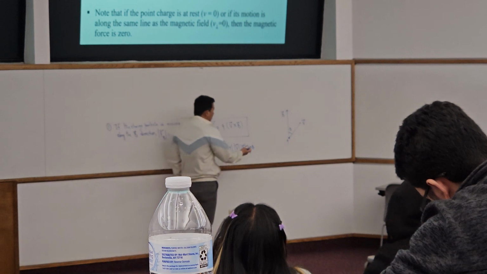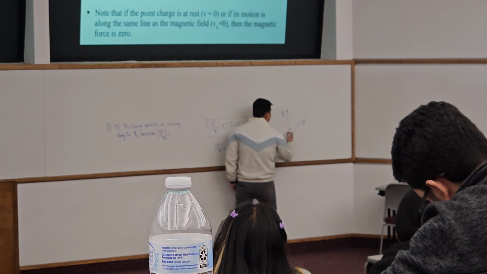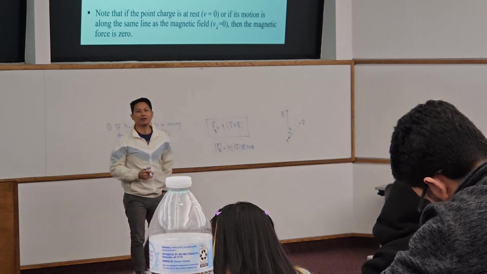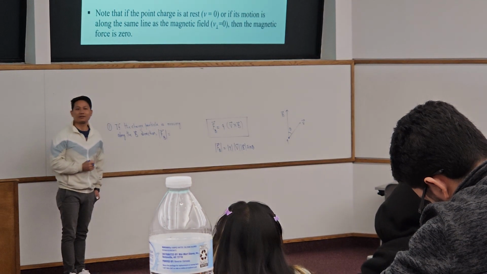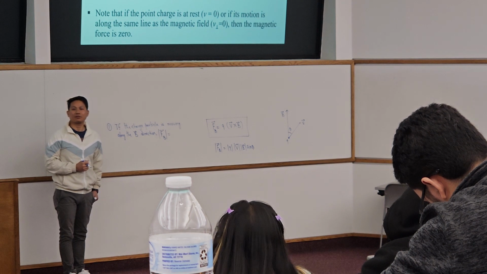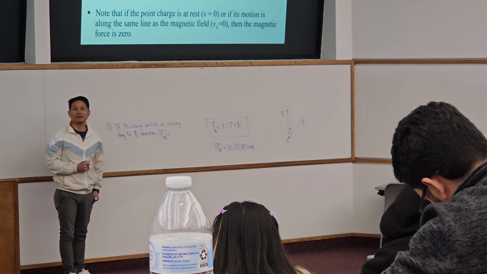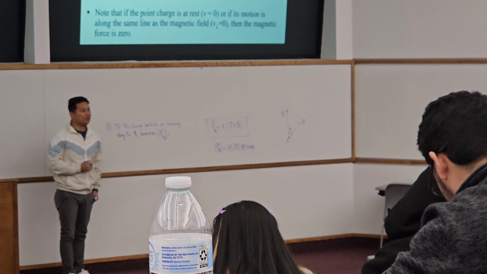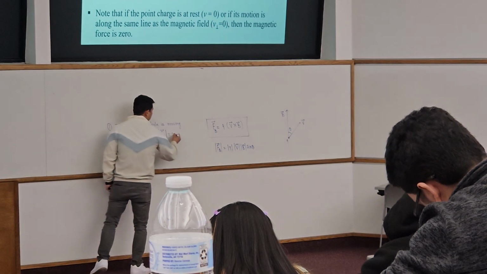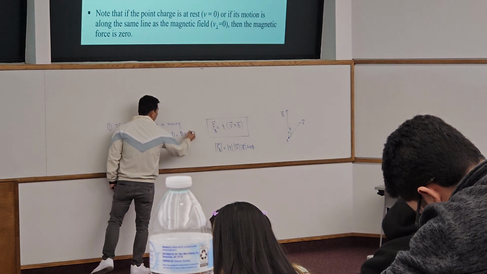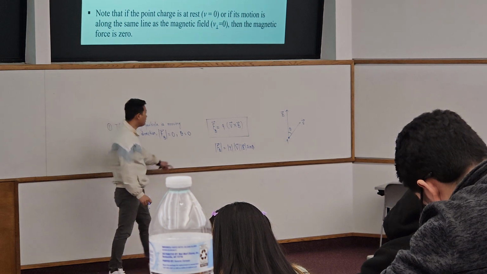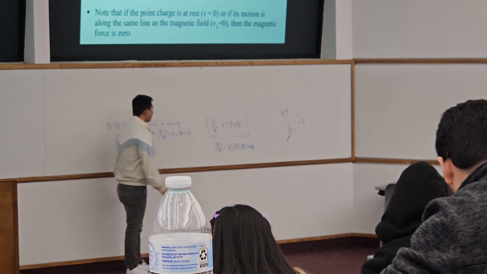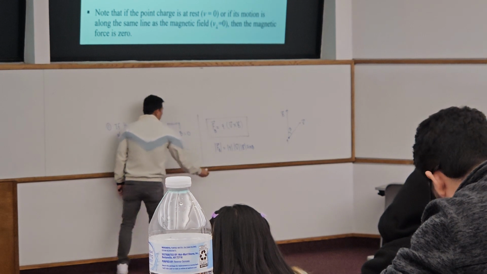If the charged particle is going along the same direction as the magnetic field, what is the value of the force? It will be 0, because theta will be 0. If theta is 0, sine 0 is 0. It doesn't matter how fast the charged particle is moving, it will be 0.